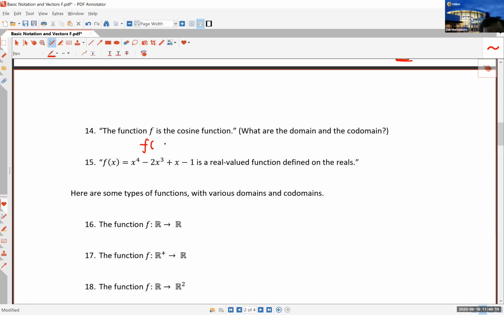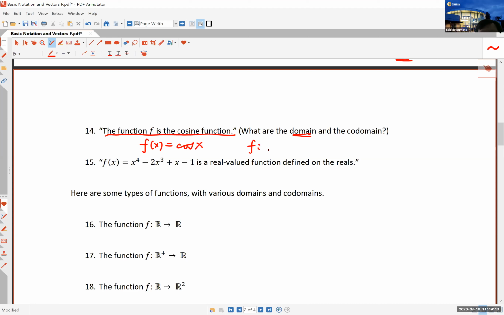So you write f of x is cosine of x, right? That's the mathematical translation of the English sentence that you see here under 14. It's much more concise when you write it in the language of mathematics. Now, by the way, what's the domain of this function?